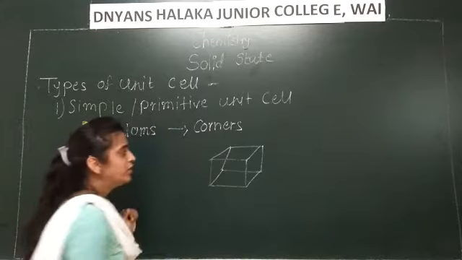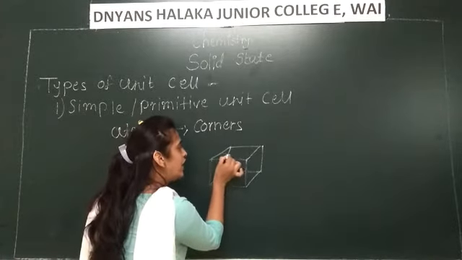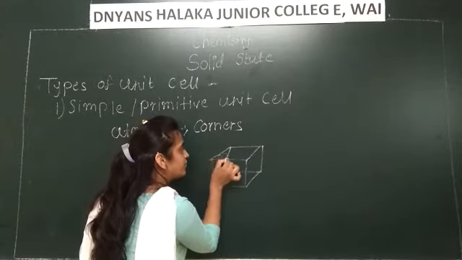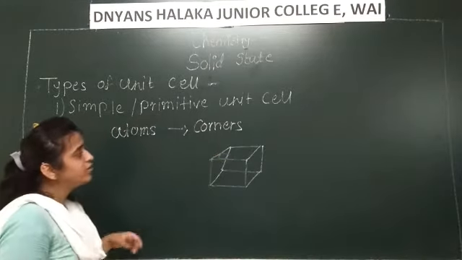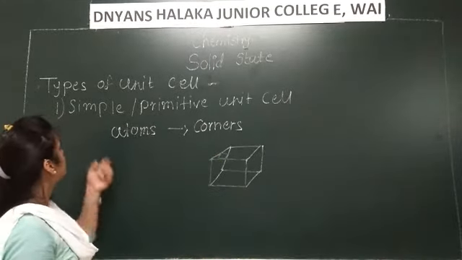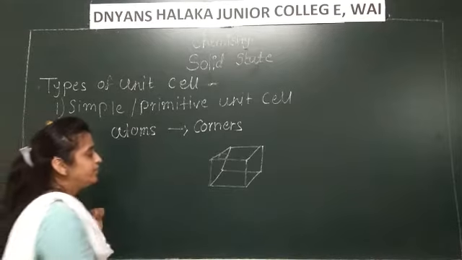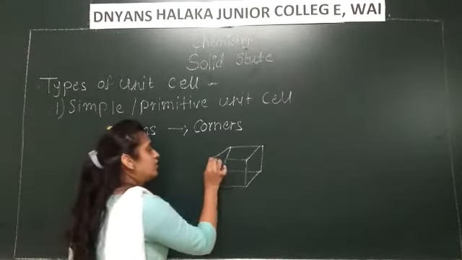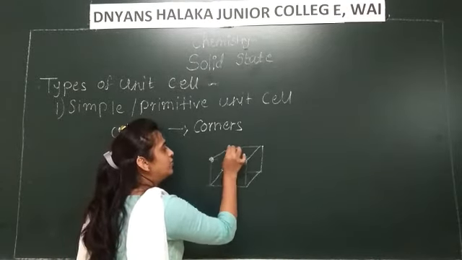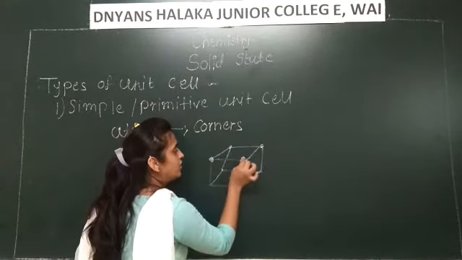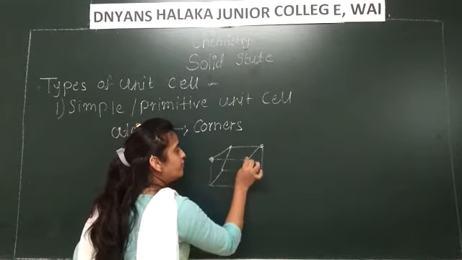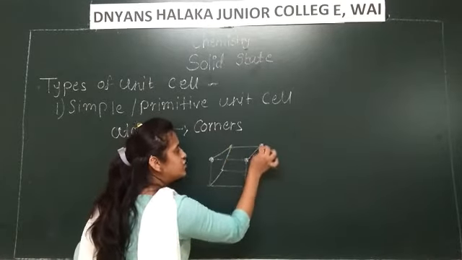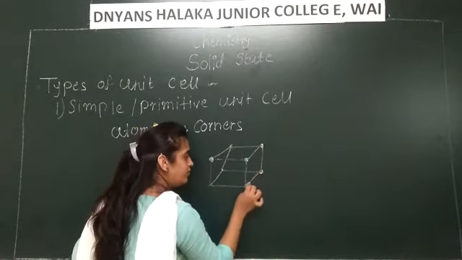So in the cube, different units are situated like this. So these different units are situated repeating. So this is known as unit cell. So in simple primitive unit cell, atoms are only situated at corner points.